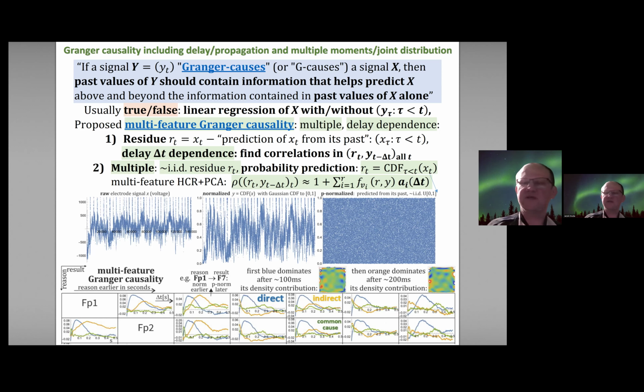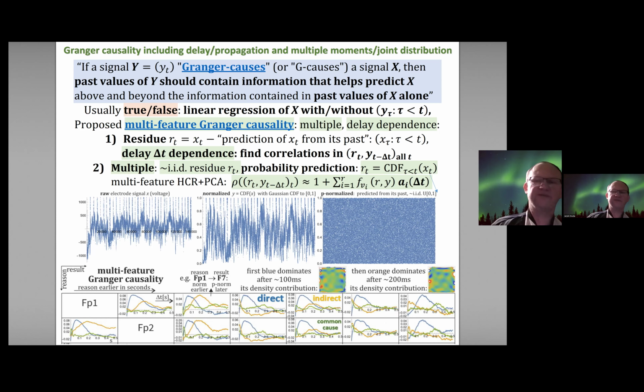If yes, then it's said there is Granger causality. But the problem is, for example, there could be a common cause, some earlier event which causes both. That's a difficult question to distinguish. But the method I presented seemed to be able, at least sometimes, to distinguish them.